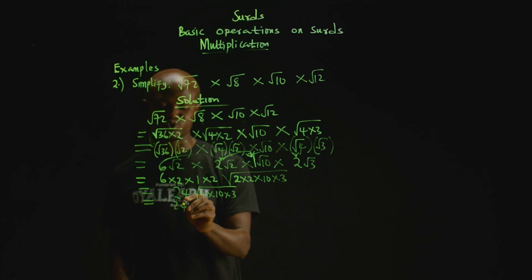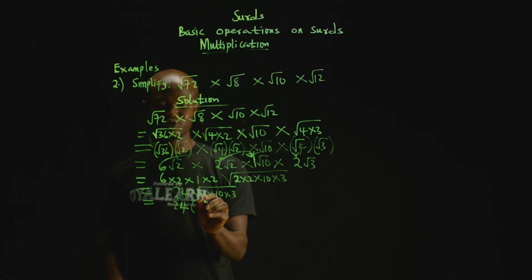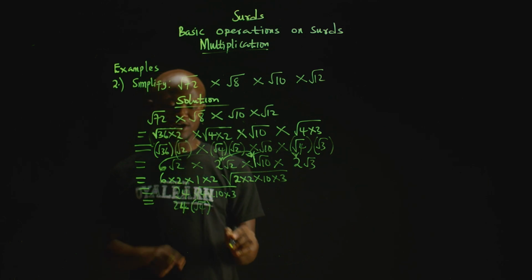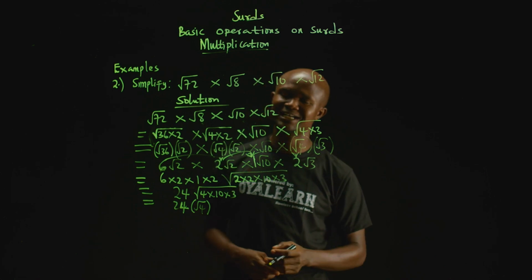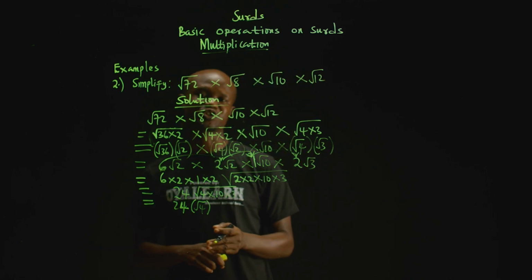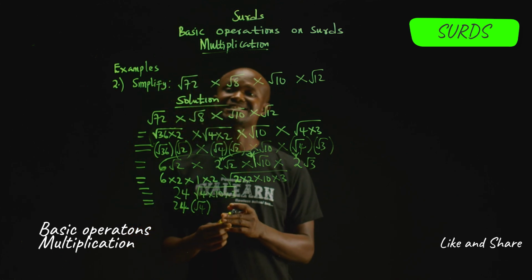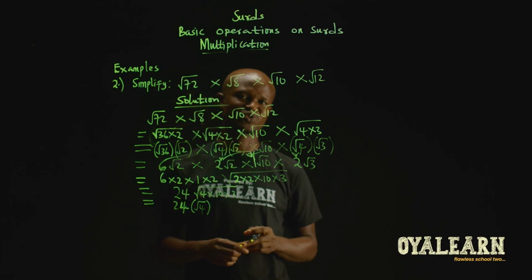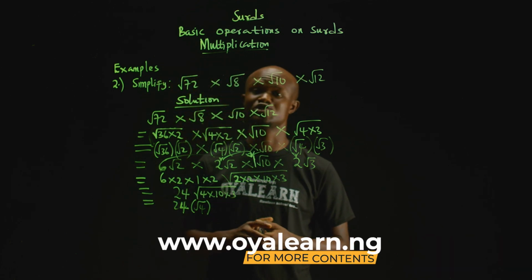Since 4 is a perfect square, then we can apply the multiplication law of surds also. This will give us root 4. But 10 is not a perfect square number. Likewise, 3 is not a perfect square number. And 10 times 3 will give us 30. 30 is not a perfect square number, and the highest perfect square number you can have in 30 is also 1.